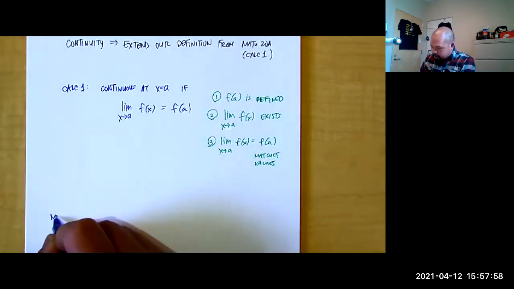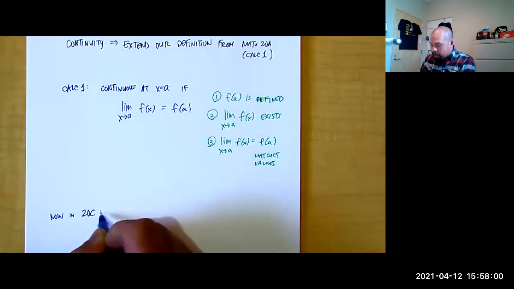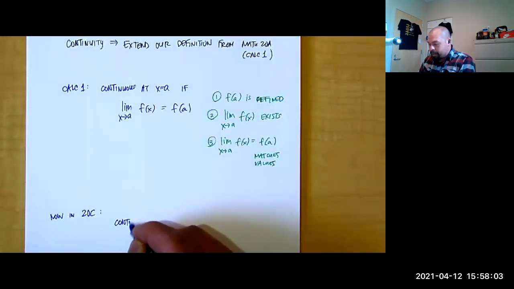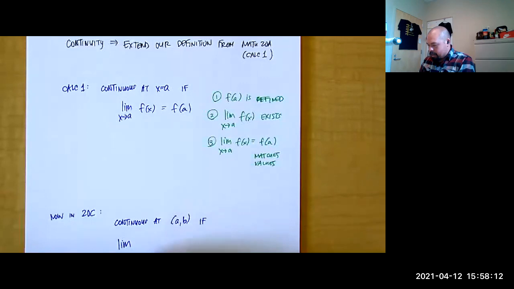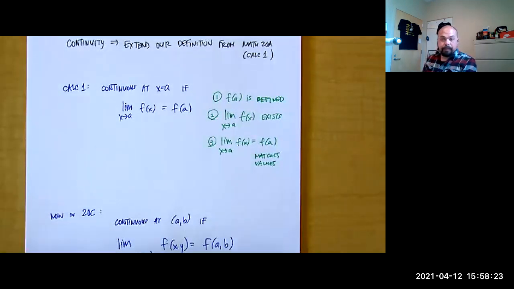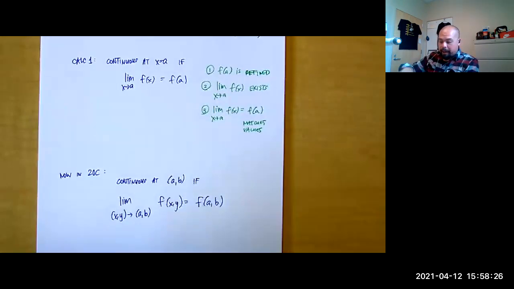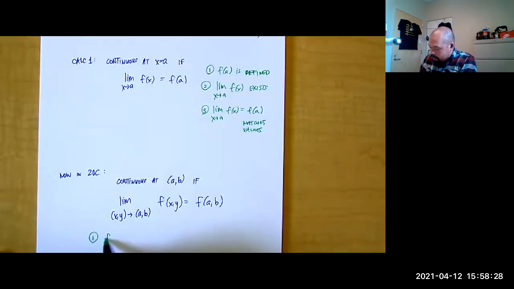So now in 20C, our multivariable calculus, we're going to be continuous at that point (a, b) if the limit as (x, y) approaches (a, b) for our function f of (x, y) is equal to f of (a, b). Right? So again, those three comments: that our function is actually defined, we can take that x and y value, plug it into our function, and get a real number result.